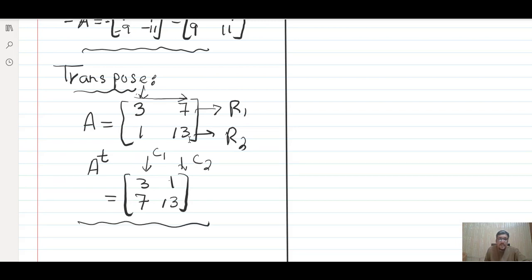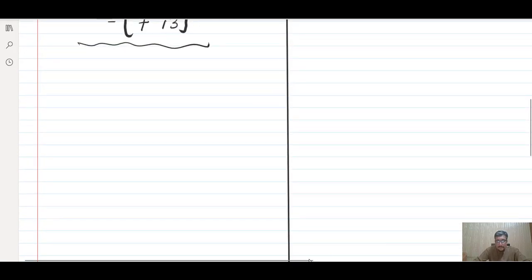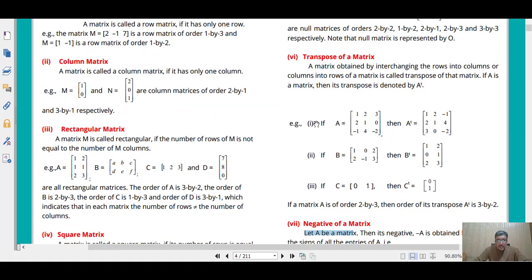Now let's see what the book says. A matrix obtained by interchanging rows into columns, or columns into rows, is the transpose of the matrix.